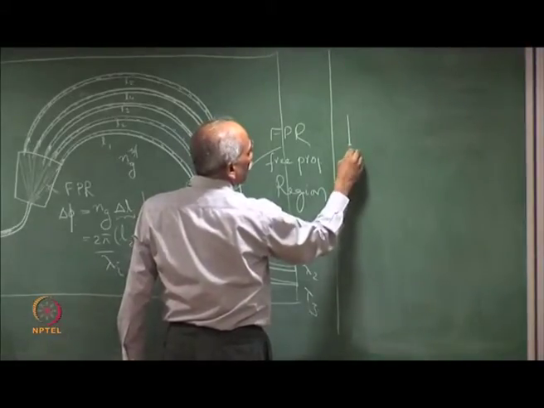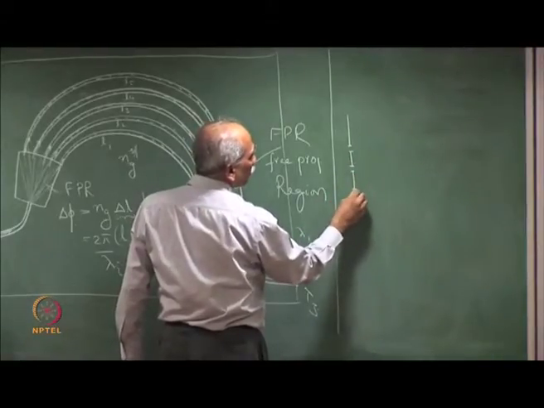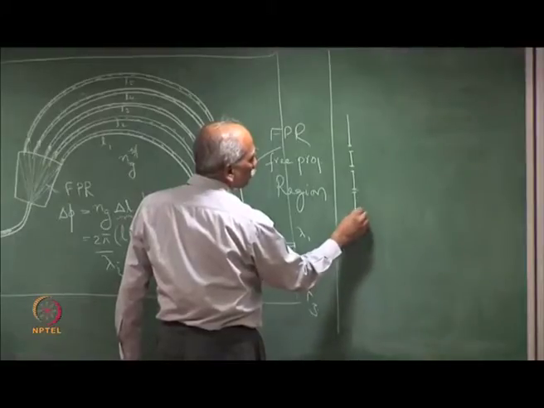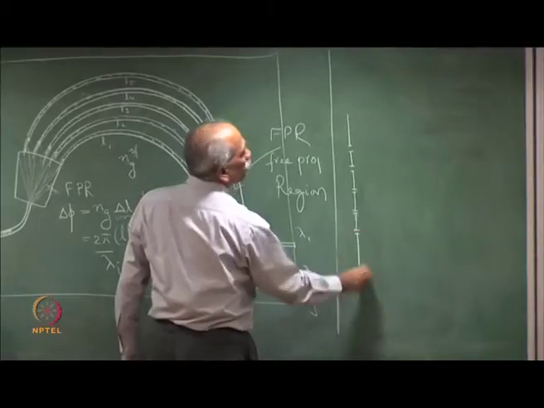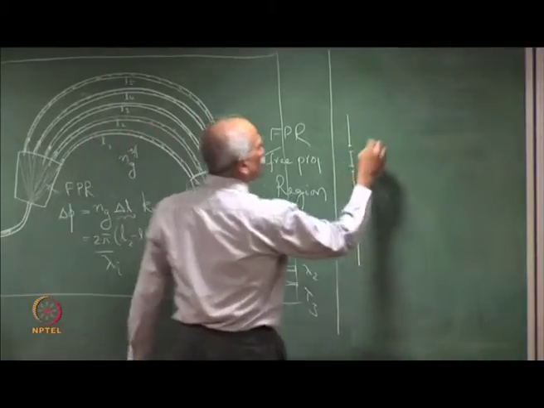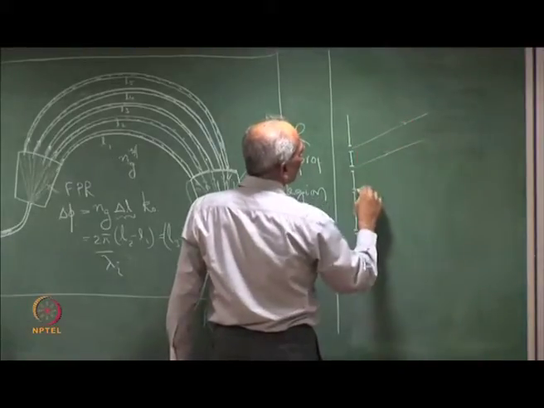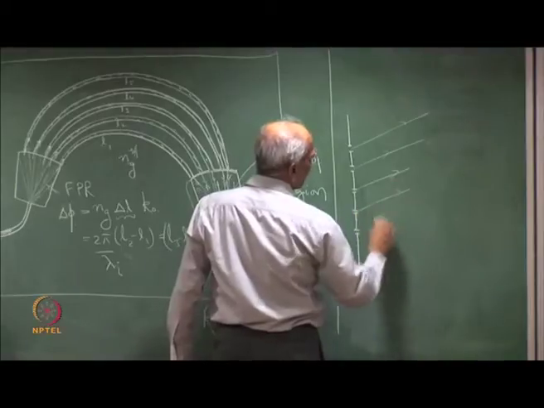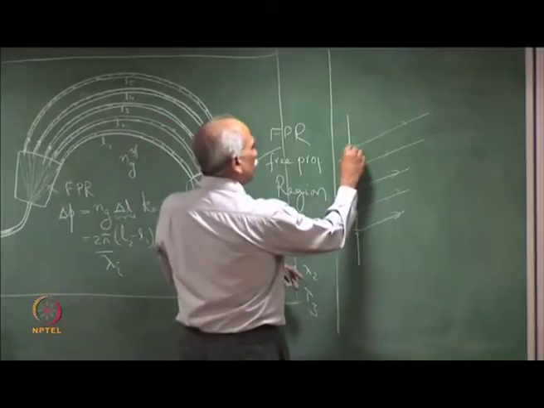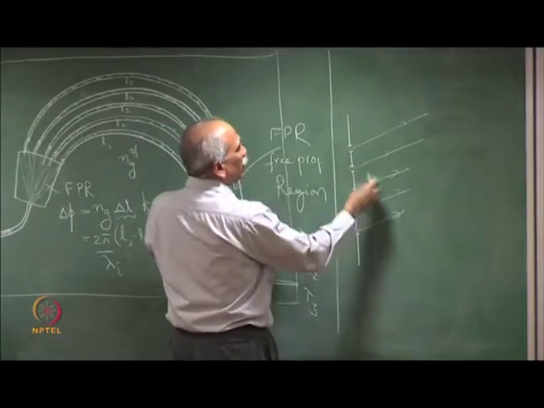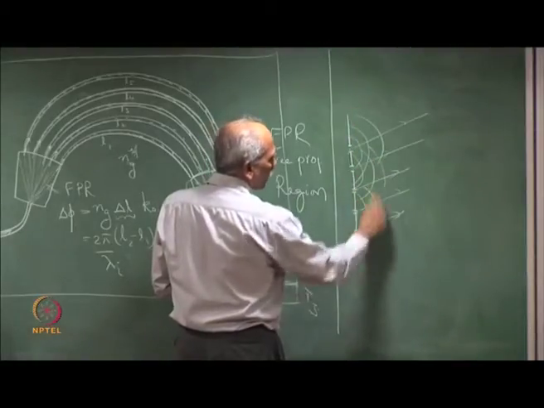So, those of you who are familiar with phased array antennas, so we have point sources here, if I consider these as optical sources, point sources. Then each one of them is emitting like this.